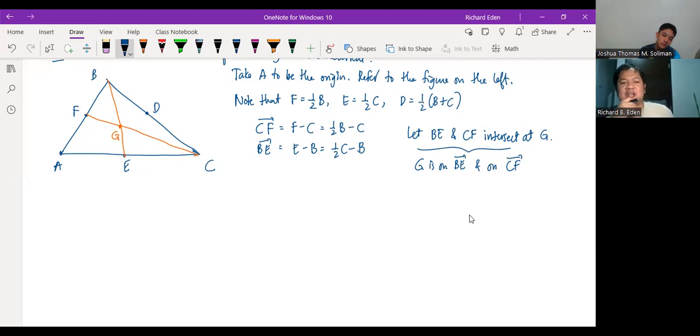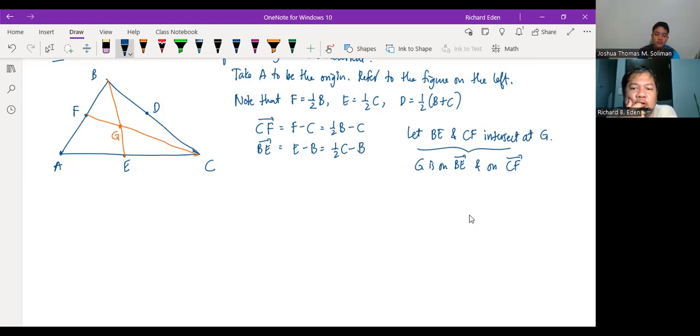Para lang standard, I'm starting these vectors from B. Okay, G is on BE or EB and also on CF or FC.